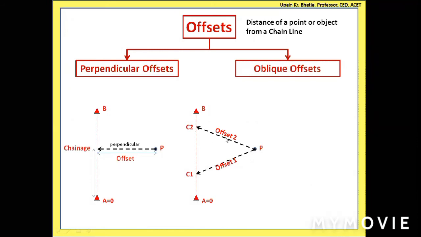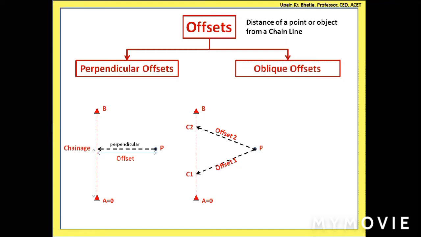Similarly, the other may be on the other side or somewhere else also. I'll be discussing that in the next slide also. So the second offset at some convenient place and its chain edge is to be observed.